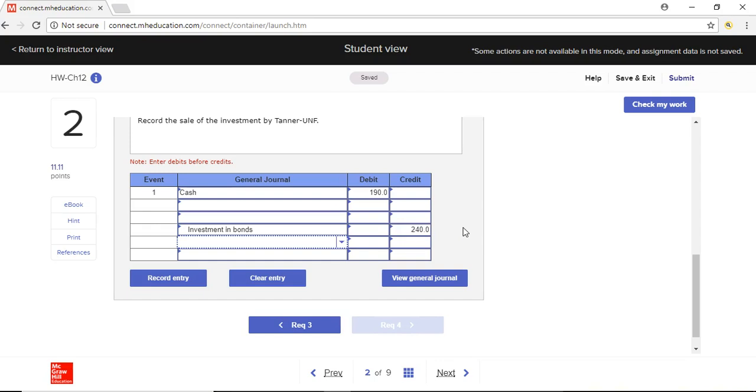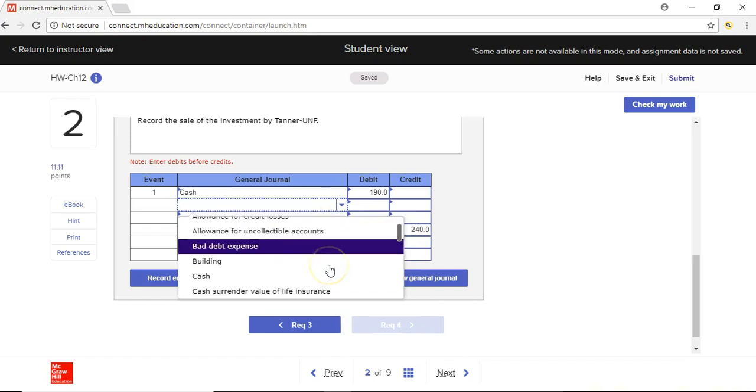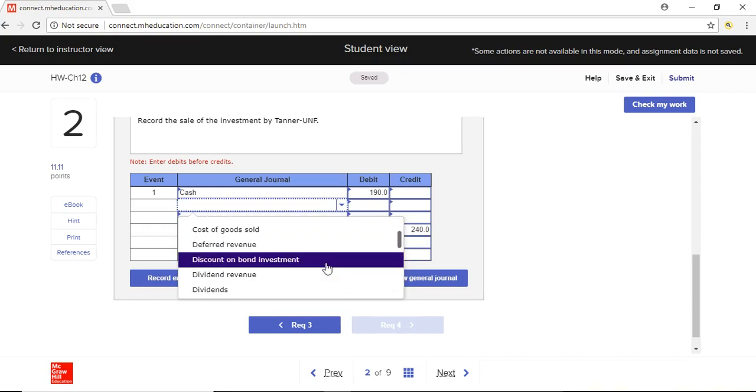When we first purchased these bonds, they were issued at a discount. So there were discounts on bond investments on the credit side. Now I need to retire these credit accounts of discounts. So we move them to debit. The account name is Discount on Bond Investments.